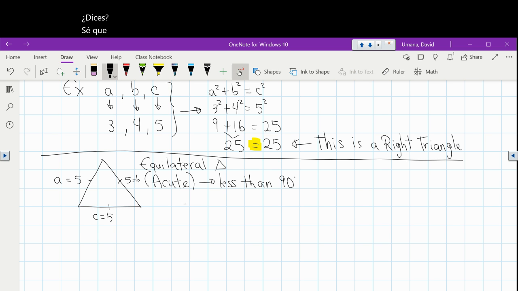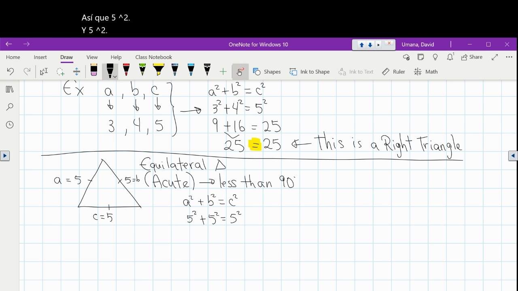But I'm going to start: A squared plus B squared equals C squared. A is 5, B is 5, C is 5. So 5 squared, 5 squared, and 5 squared.